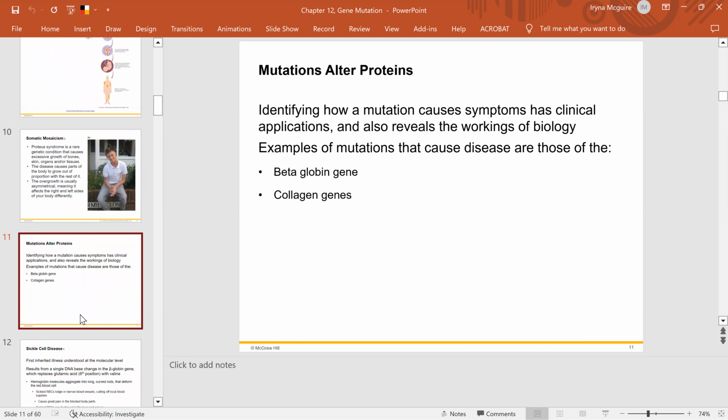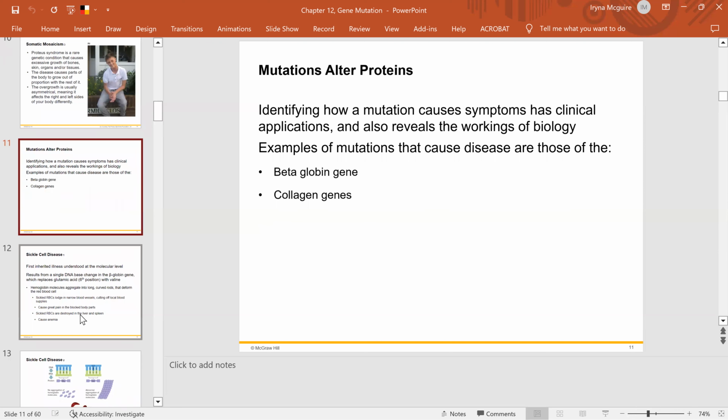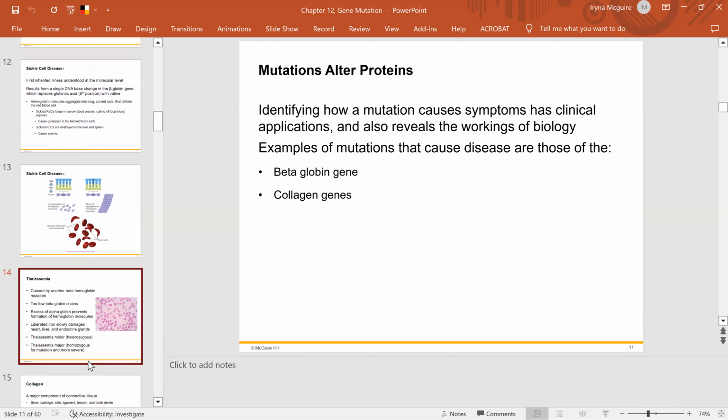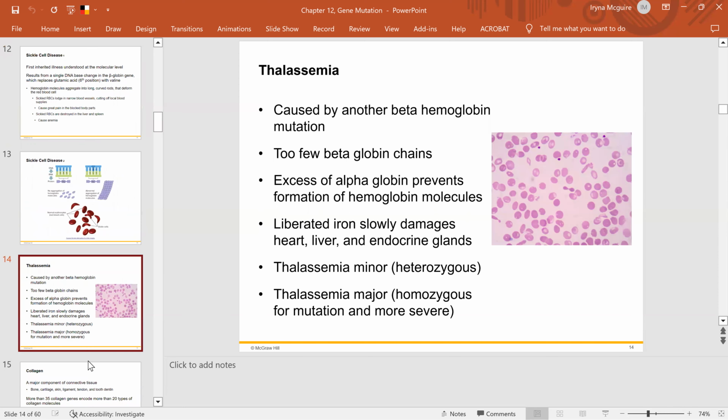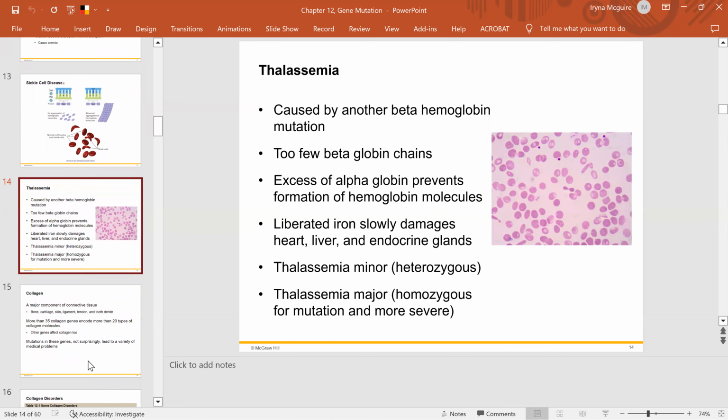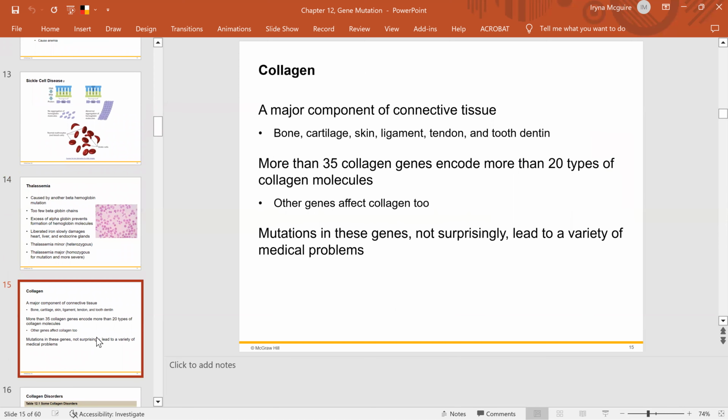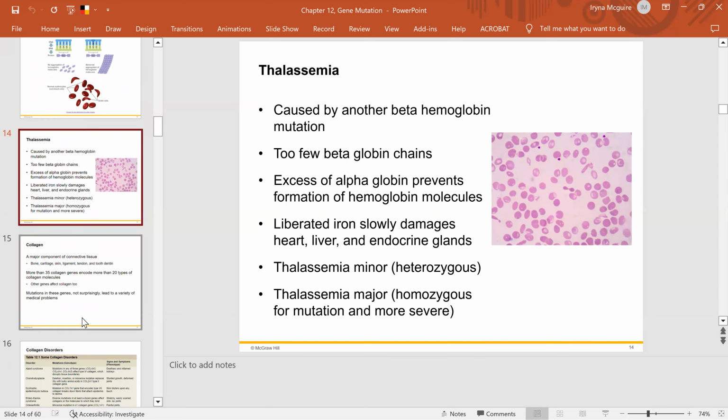And we gave two examples of mutations, a mutation of beta globin and collagen, and how mutations in the genes that code for those proteins result in the phenotypes that we described, like sickle cell anemia, thalassemia, right?